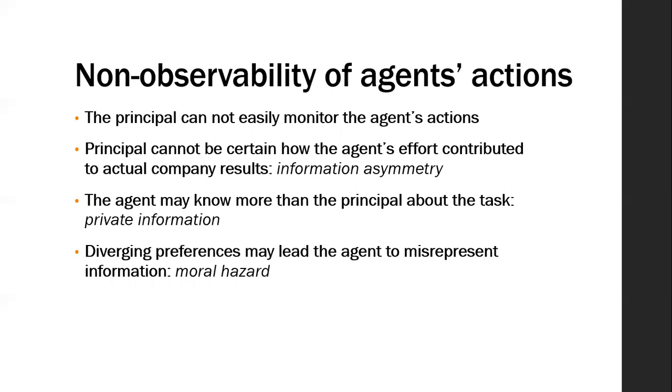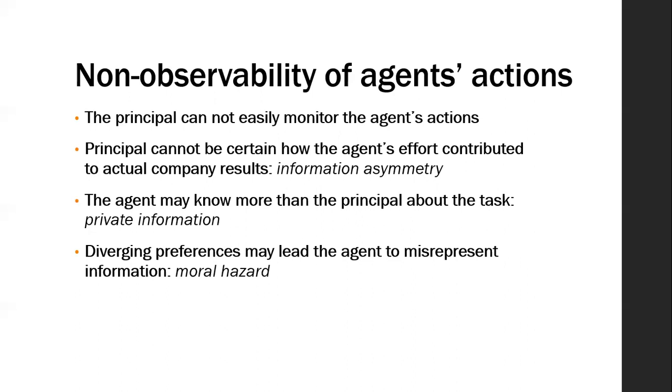No. They have rights to inspect books, but they cannot position themselves in the office and look at each document. So principals do not necessarily have the power to look into the agent's actions. The principal cannot be certain how the agent's effort contributed to actual company results because of information asymmetry.